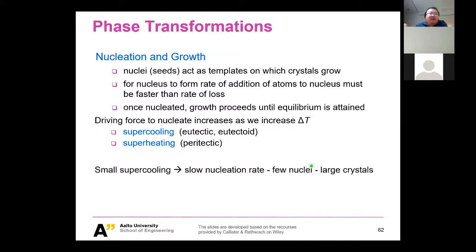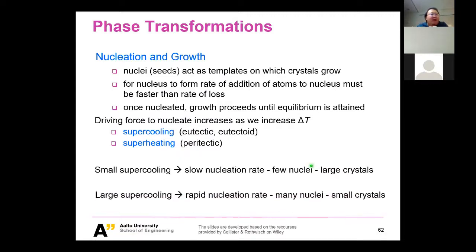And the feature is, if you are applying a small supercooling, you will get a slow nucleation rate. Slow nucleation rate refers to very few nuclei. So you will not have so many seeds in your microstructure, but they will still grow. So with these few nuclei, you will basically get very large crystals, because there are few.